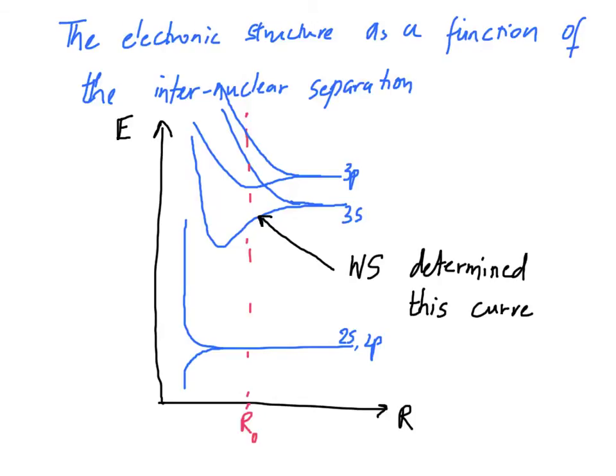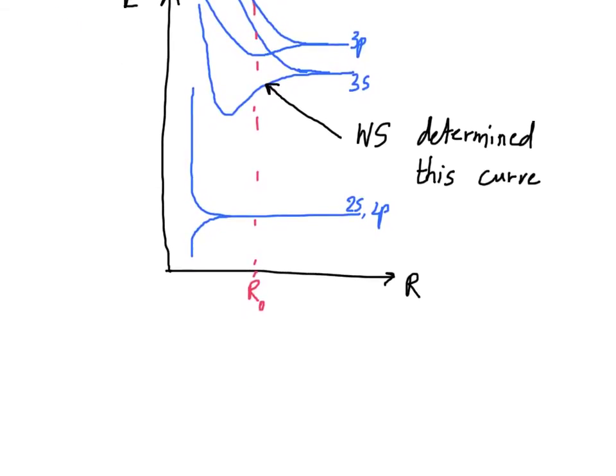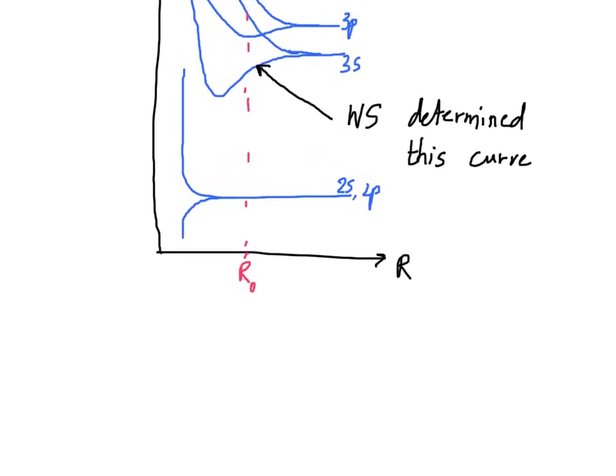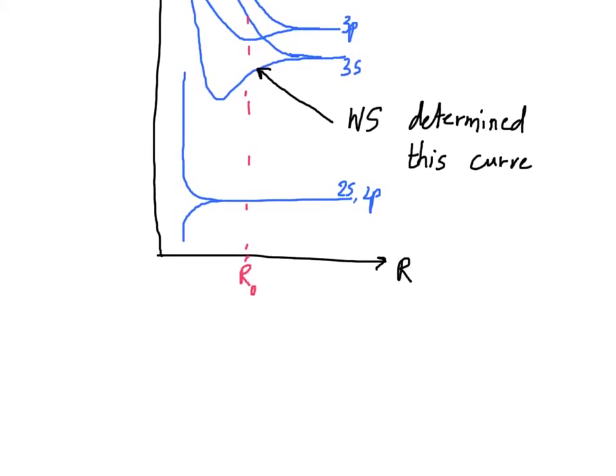Let us actually use this idea and attempt to draw what we expect for the wave function of the 3s level when we use the correct energy for the 3s level versus the wrong energy.